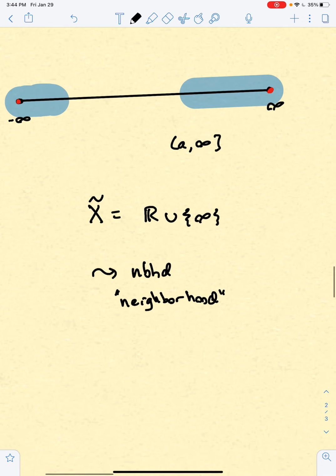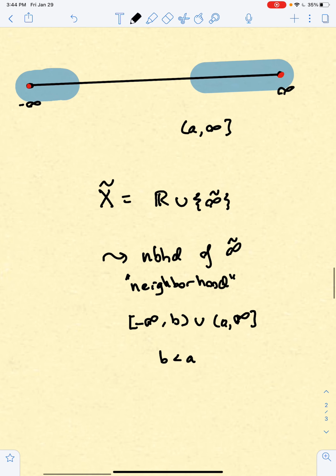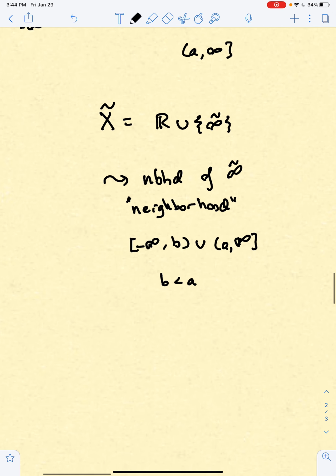A neighborhood of infinity, of this weird new point, I'll do a little tilde there, would be something of the form negative infinity to some number b, union some number a to positive infinity, where b is strictly less than a. This is not exactly the order topology anymore. We're kind of leaving things behind for right now.